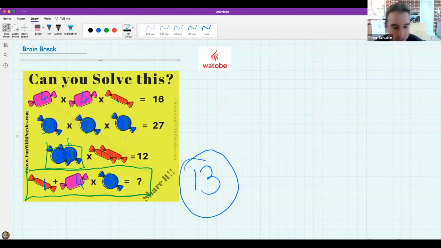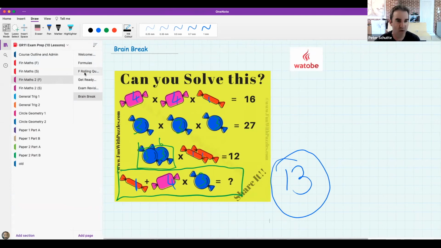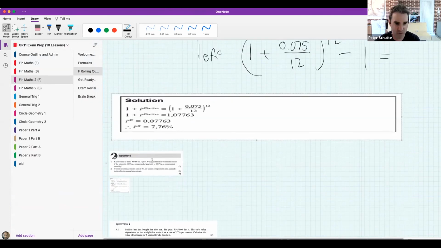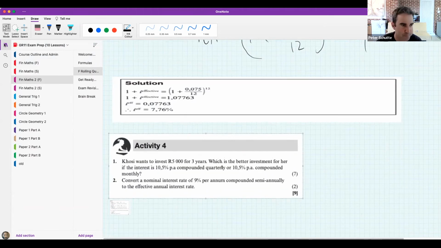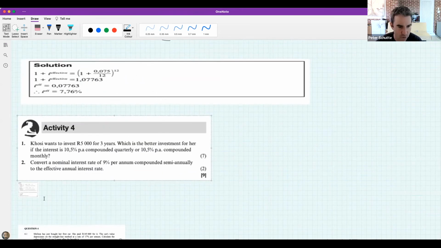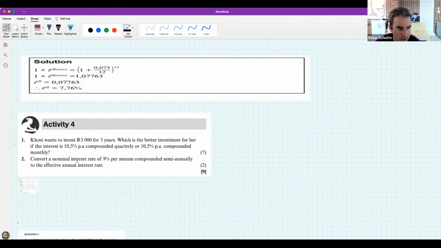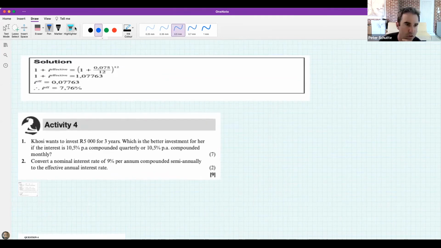All right, we used to do these ones all the time. It's been a while since we've done them. But yeah, that is awesome. Okay, so just make sure you stretch out that body. We're going to do a second part of the lesson now, and then a little revision. So let's go for this one. Actually, let's do number 2 first.